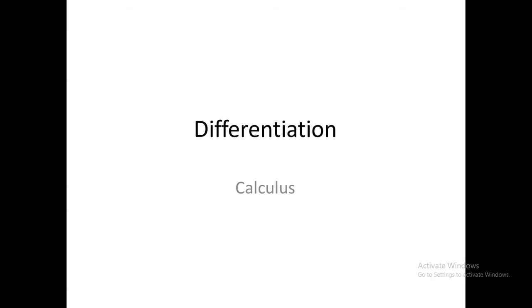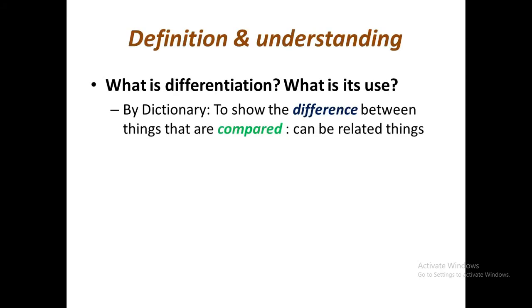Okay, let us start differential calculus. First, let us get to the definition and understanding of it. Let us ask this question: what is this differentiation? And what is the use of it? By dictionary, differentiation means to show the difference between things that are compared. But when we say the word difference, we should not get confused that these are unrelated things.